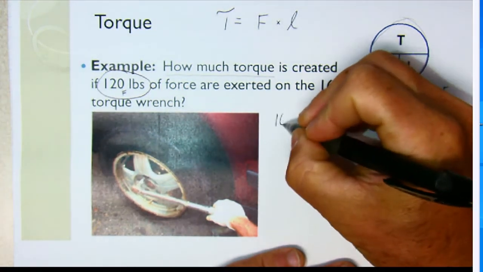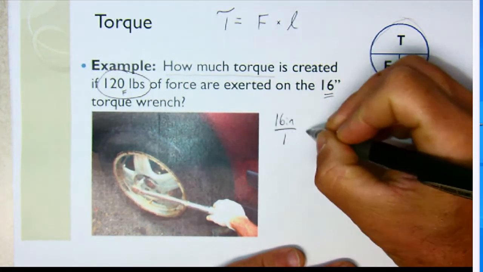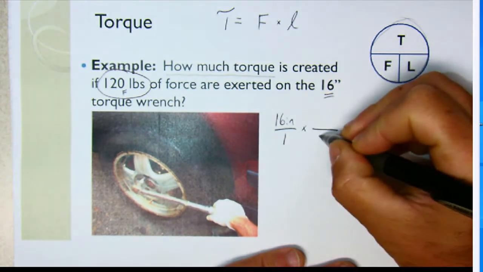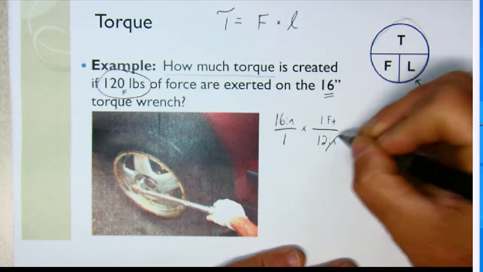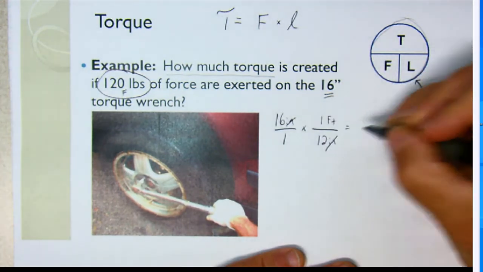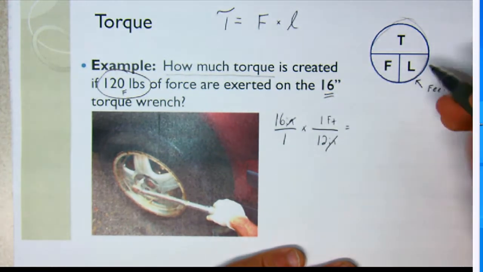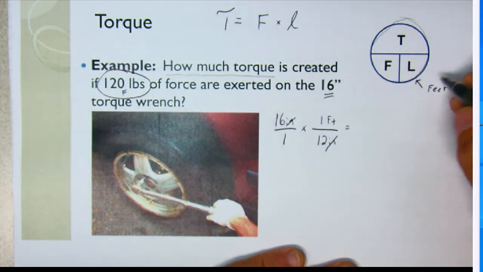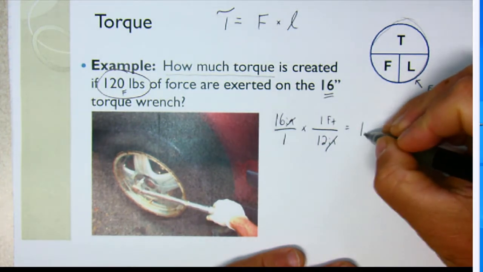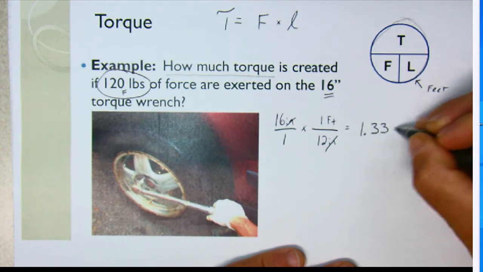So let's take 16 inches. Put it over 1 as we've done before. We know that there are 12 inches in 1 foot. That'll make our inches cancel off. And if on your calculator you take 16 times 1 divided by 12, though you know you don't need to multiply by that 1, you'll get 1.333 feet.